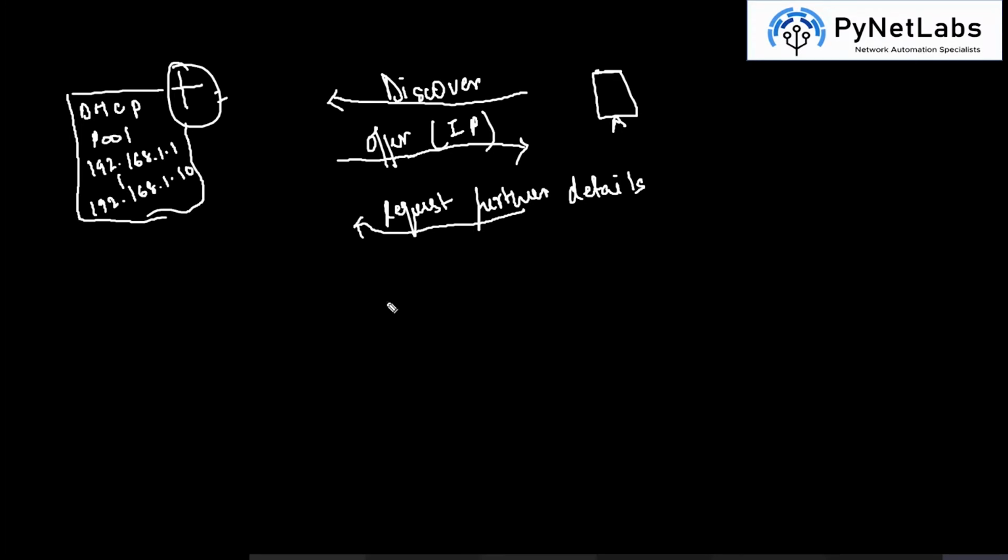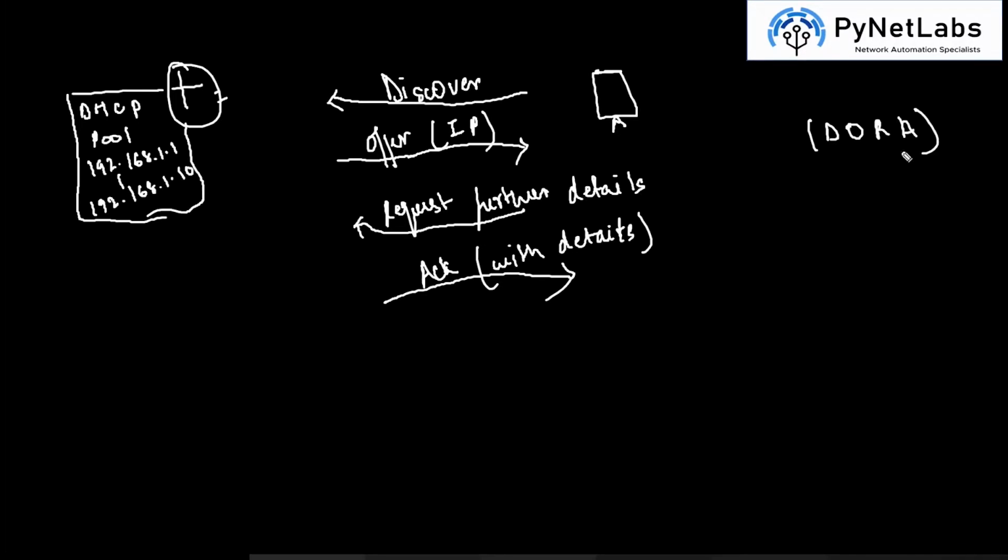And then after that, this router shares the details with an acknowledgement. So it acknowledges and shares the details. And the term which you can use to memorize these different types of messages is DORA.